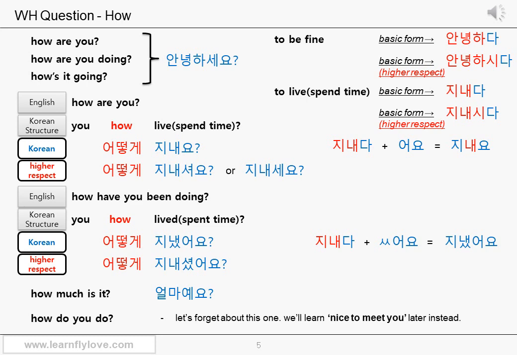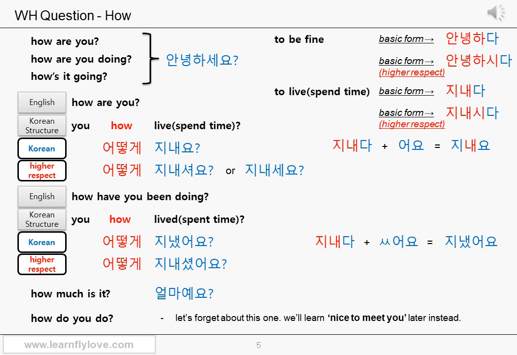It's also quite commonly used, so take a good look at it. Let's see which verb we use in Korean first. 지내다. This verb 지내다 means to live or to spend time or to be with someone as something such as partners, friends, or husband and wife. Let's learn about this verb later again.